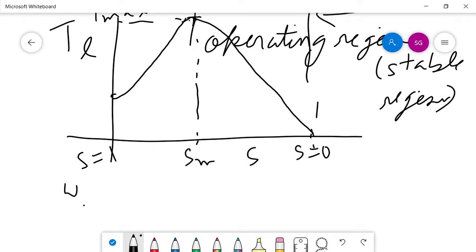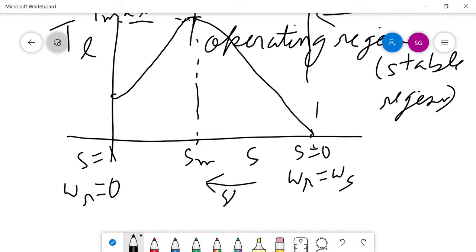So here the rotary speed is equal to 0. And at s equal to 0, the rotary speed is equal to our synchronous speed. So when we go like this, this is slip, and when we go like this, this is rotary speed. So this is the torque versus rotary speed characteristic.